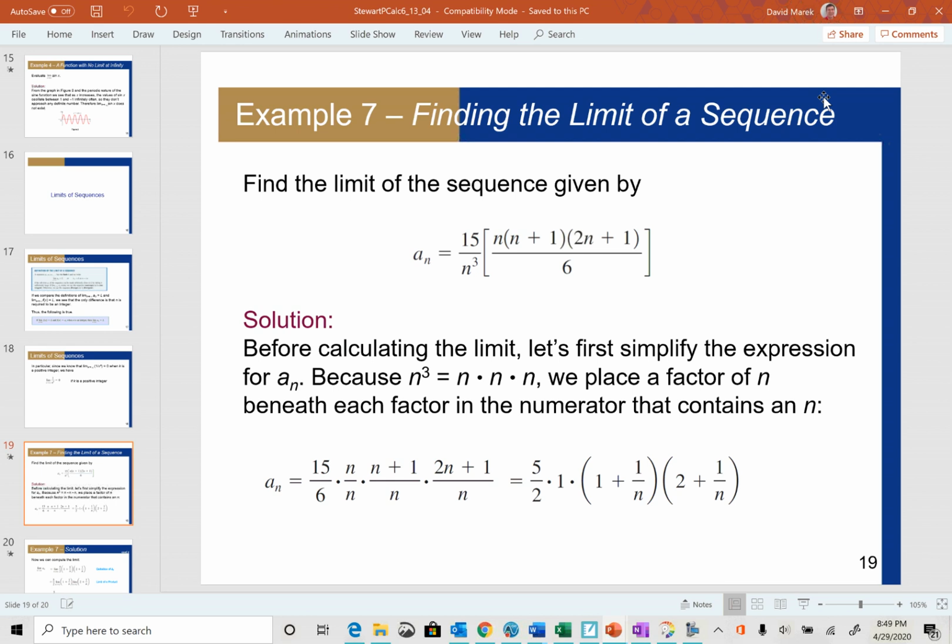All right, now let's simplify. 15 over 6 reduces to 5 over 2. n divided by n is 1. And now we don't like fractions. n plus 1 over n, we'll split that into 2 terms: n over n plus 1 over n. And then 2n plus 1 over n.